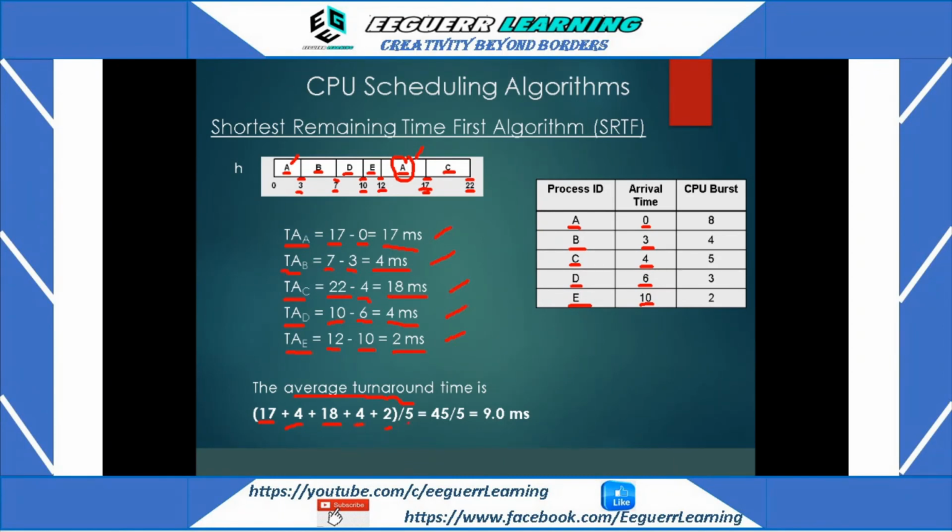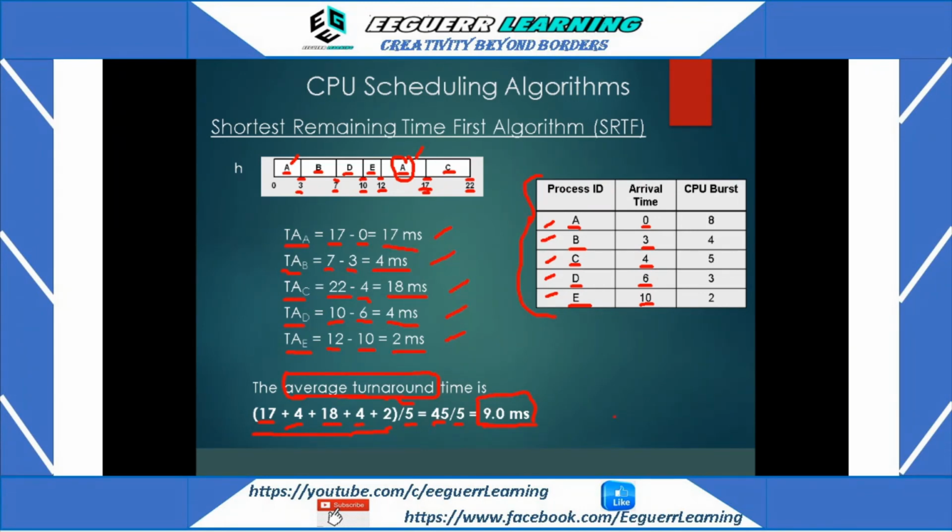And we divide it again by 5 because we have 5 total processes in our table. Adding all the given values will give us 45, and divided by 5 will give us 9 milliseconds for the average turnaround time.